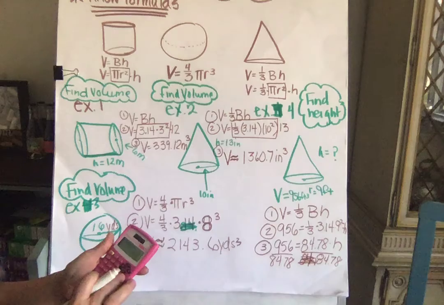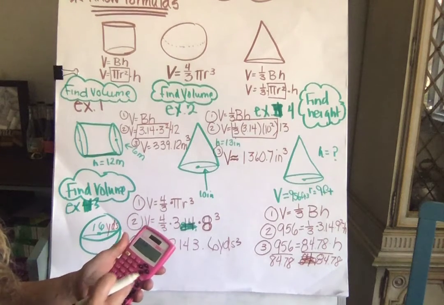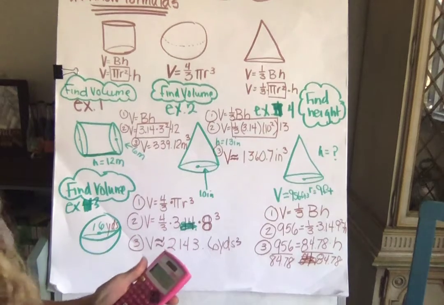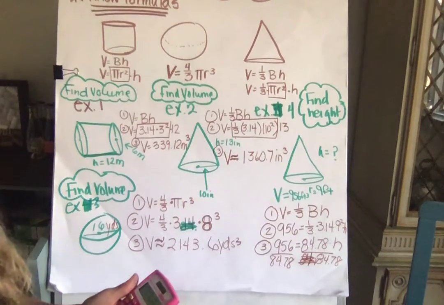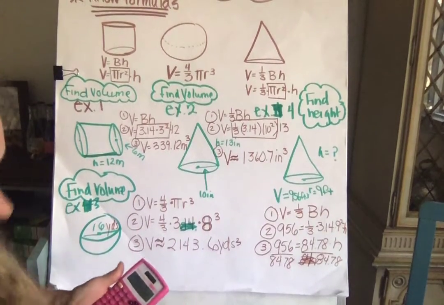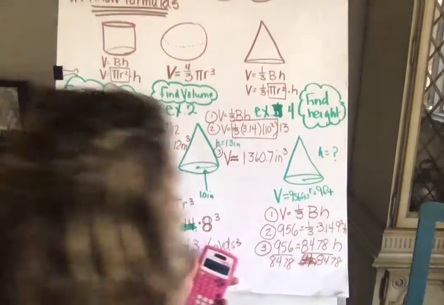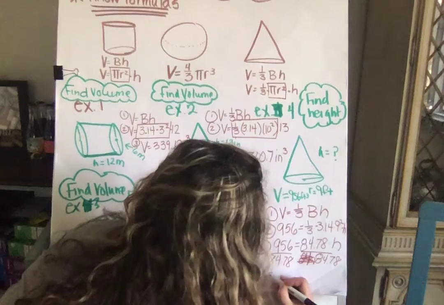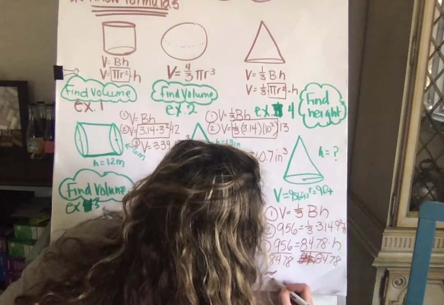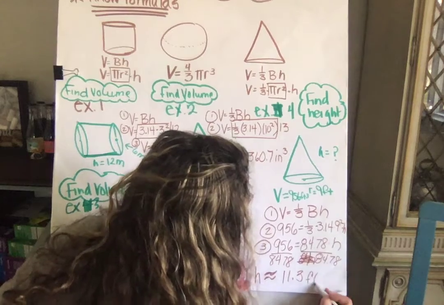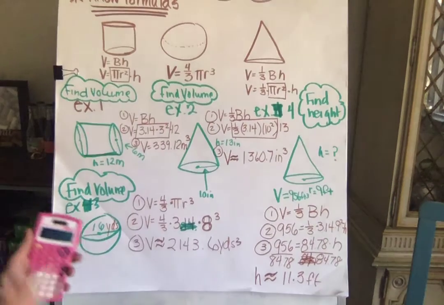Okay. And I'm going to type in 956 divided by 84.78. And I get about 11.3 feet. Now, I don't use feet squared, I just use feet.